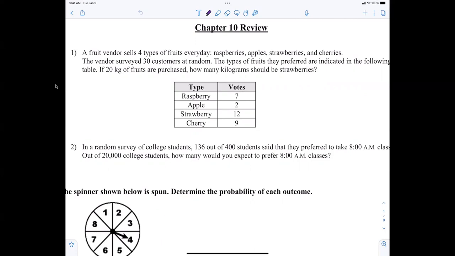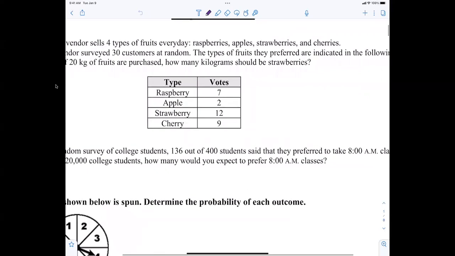And raspberries and only a couple what? The problem is because I took a survey, I want to apply that to the 20 kilograms of fruit that I'm going to purchase, right? So out of the 30 votes, how many people picked strawberries? 12. So that's the first thing I want you to write down.